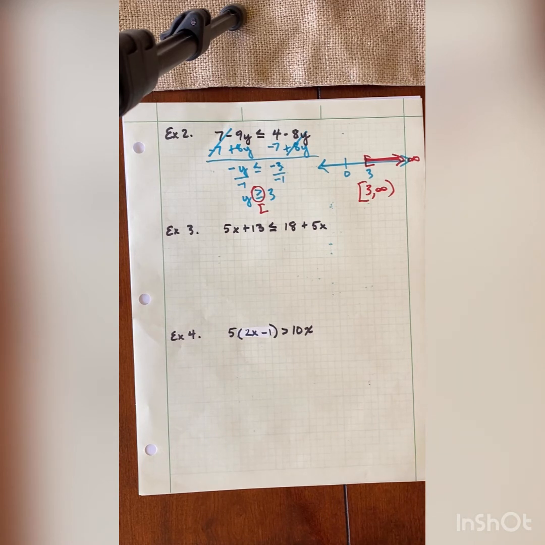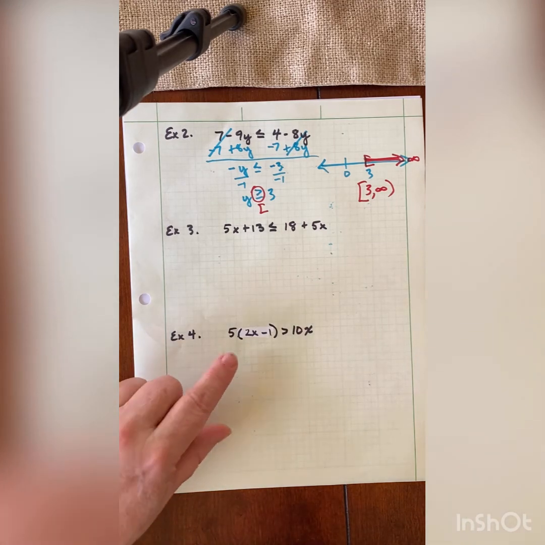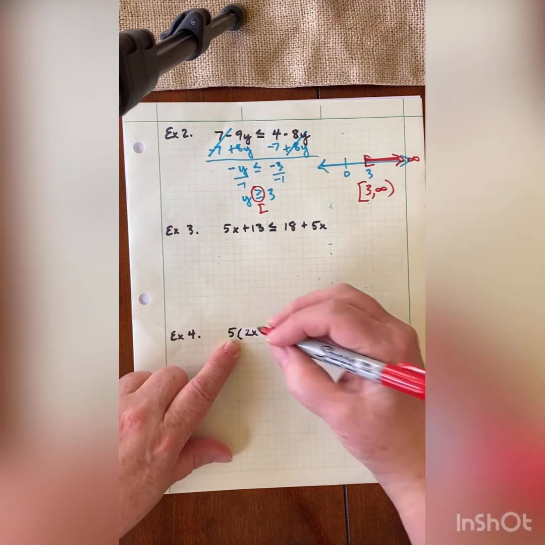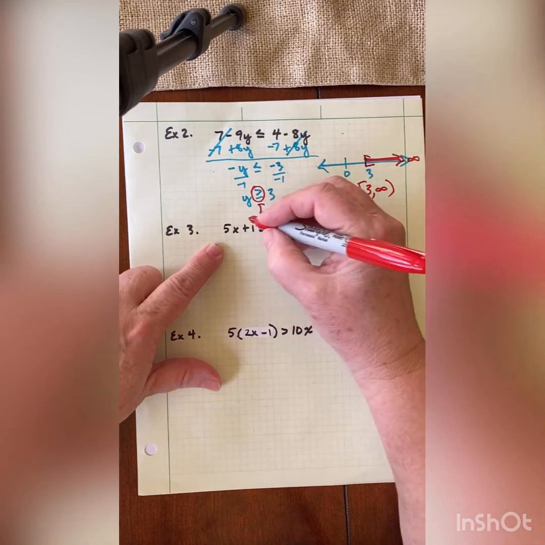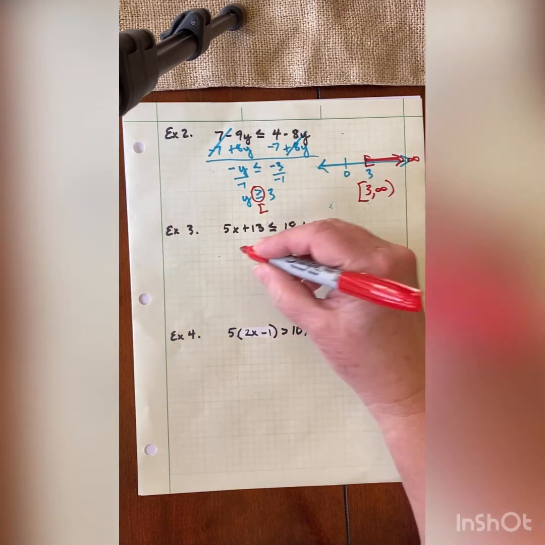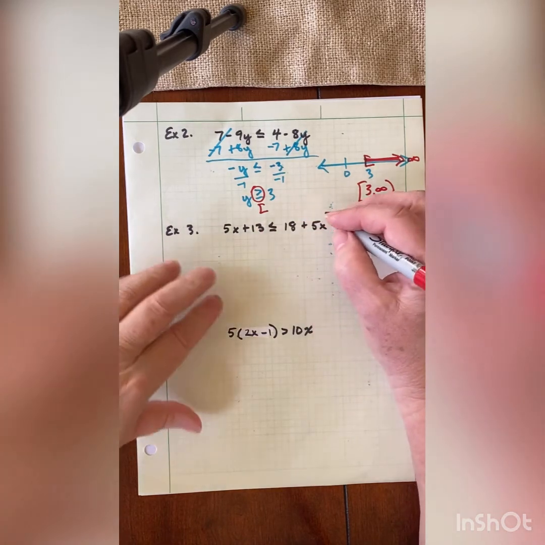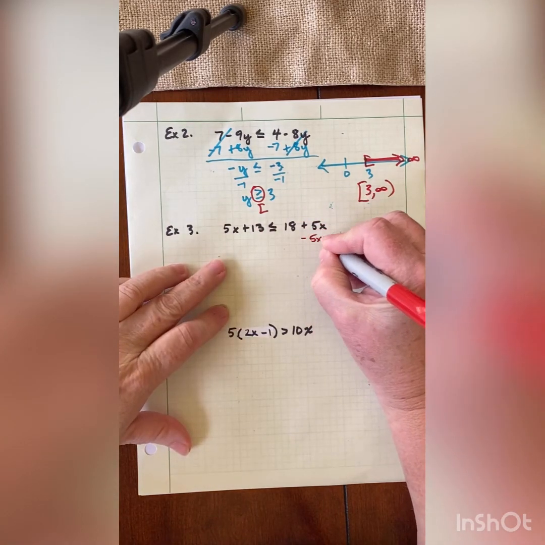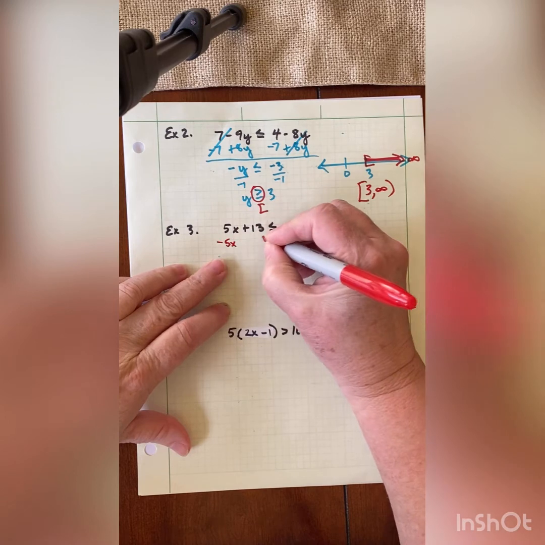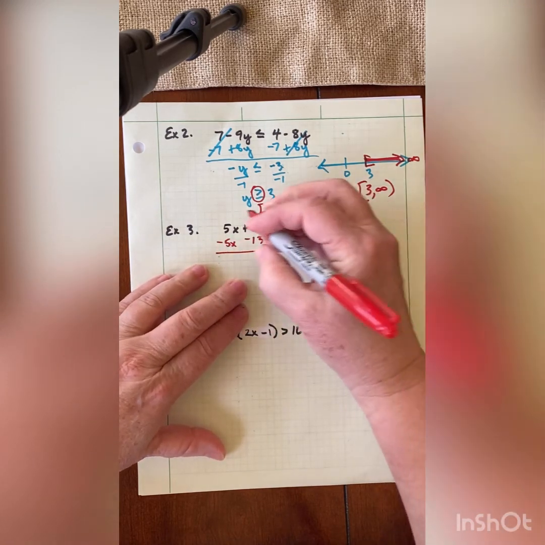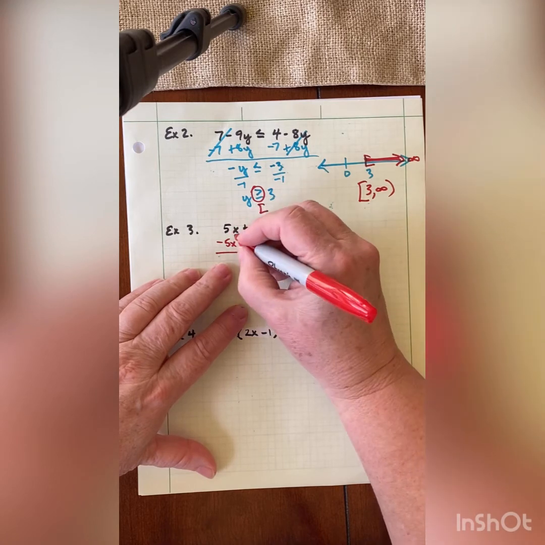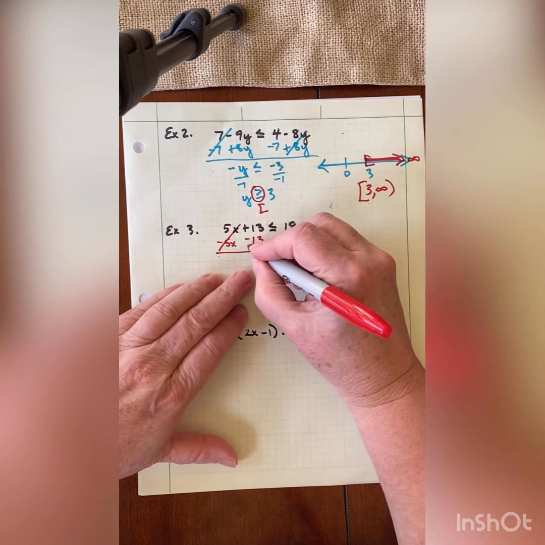Let's see here. Let's try another one. So I got this one right here. I need to distribute. Oh, I'm still up here on this one. So I need to get all of my x's on this side, all my constants on this side. So subtract 5x from both sides, subtract 13 from both sides, and then I get opposites, they're gone, opposites are gone.